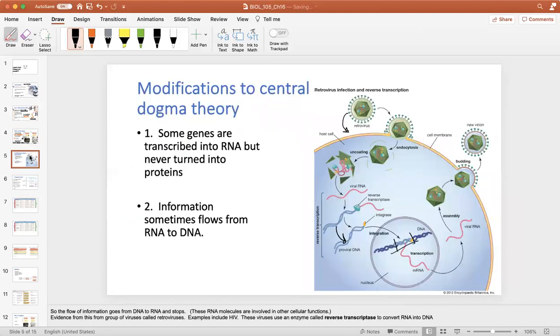Now, this idea of DNA going to RNA, and I can't write this enough, so I'm just going to write it again. This idea of DNA to RNA to proteins, and that the proteins ultimately resulted in phenotype.